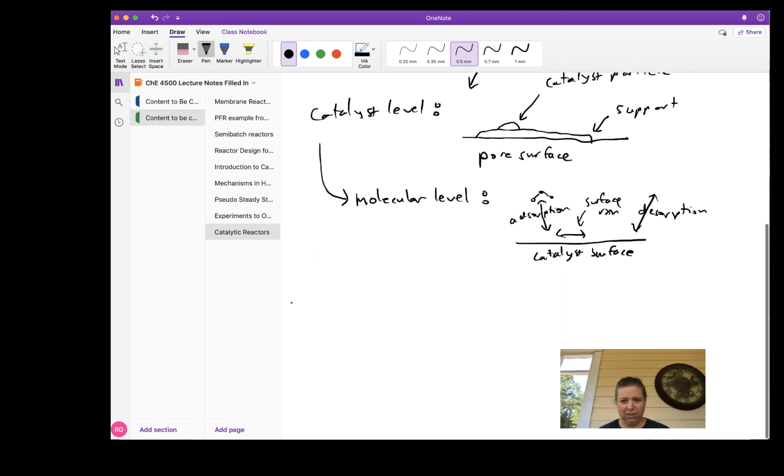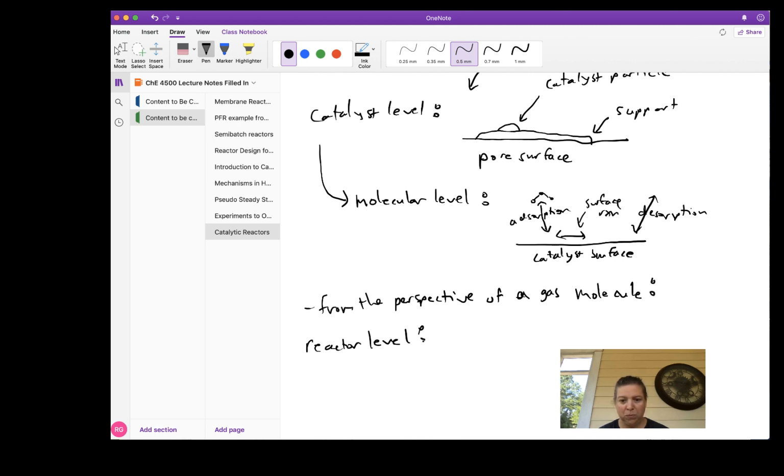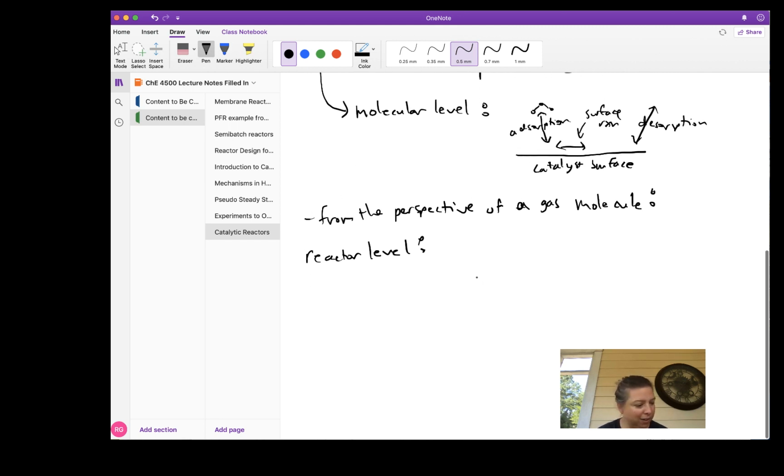So let's look at this from the perspective of a gas molecule. So at the reactor level, I have a collection of gas molecules.